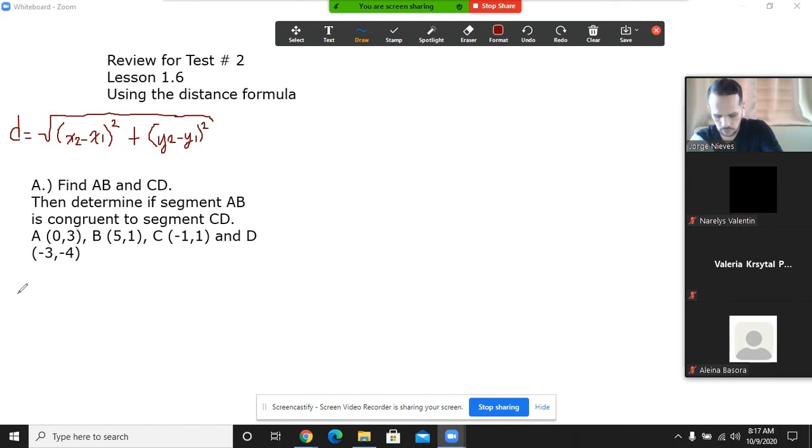So we're gonna start by using the distance formula. It's gonna be AB. We're gonna start with that segment, and we're gonna plug everything into the formula. A is 0 and 3, these are the coordinates that we're working with first, and B has coordinates of 5 and 1.